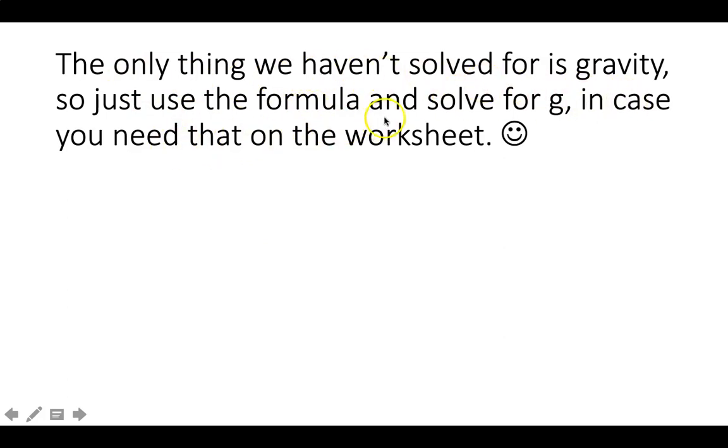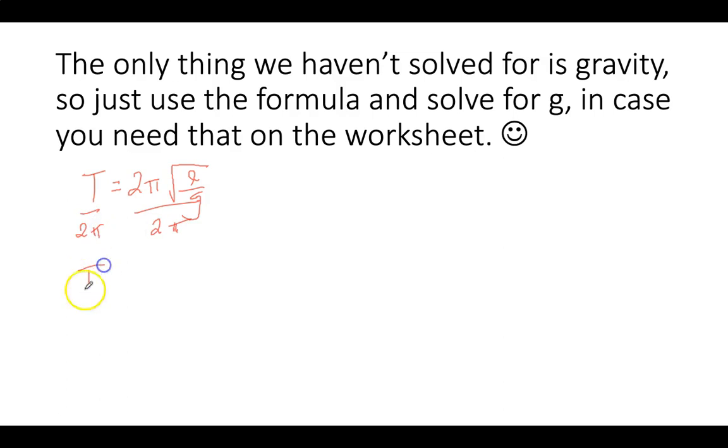So just in case you need to use this formula to solve for G on the worksheet, let's do it. I'm going to take my formula, T is equal to 2 pi square root L over G. We're going to solve for G. So it's still going to be the first steps that we had before. Divide by 2 pi.